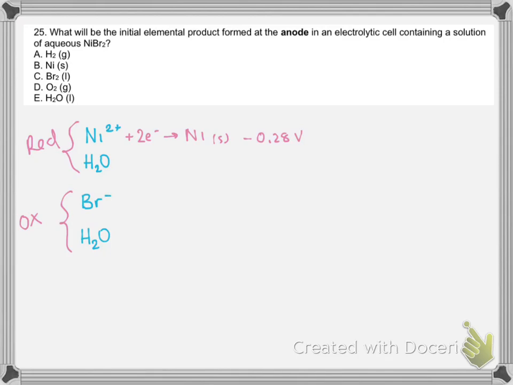When we think about the reduction of water, we think of it as 2 waters gaining 2 electrons to form hydrogen gas and some hydroxide. This has a potential of negative 0.83 volts.